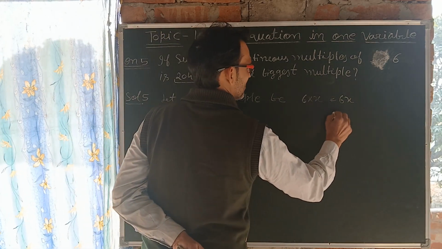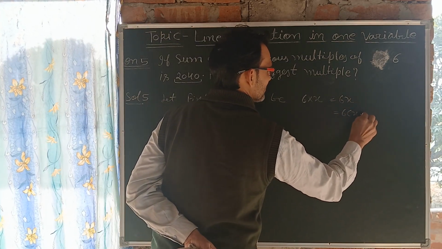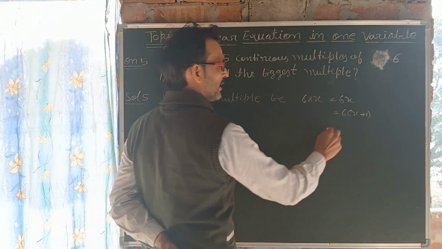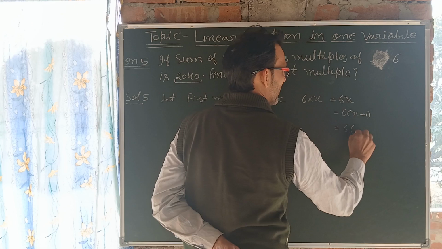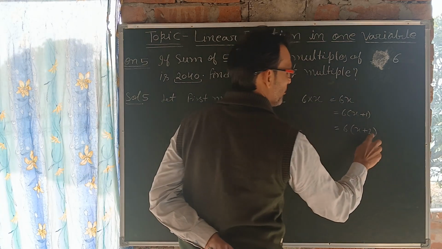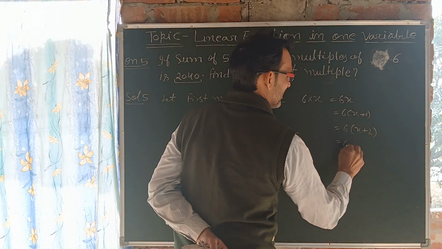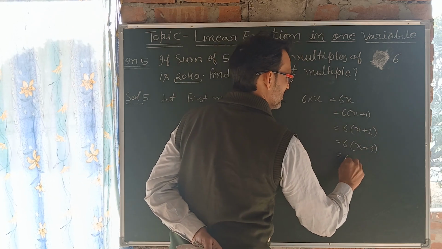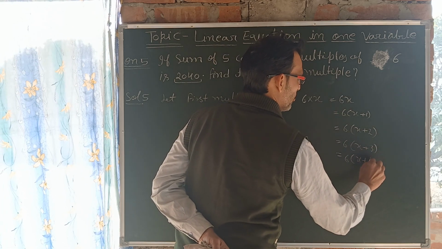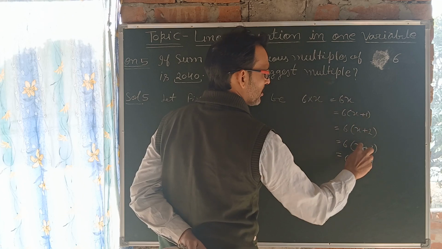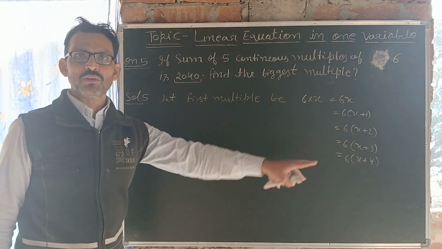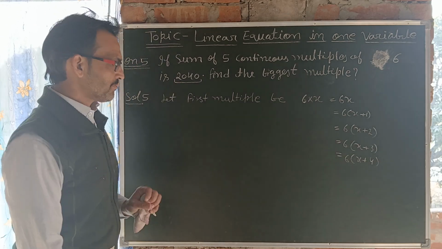That is 6 bracket x plus 1. We add 1, 2, 3 in this. Third will be 6 bracket x plus 2. Next one will be 6 bracket x plus 3, and like this 6 bracket x plus 4. How many? 1, 2, 3, 4, 5. These are the 5 multiples of 6 that we don't know where they are taken from.